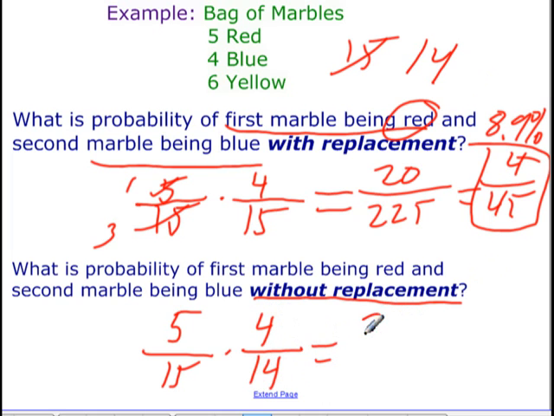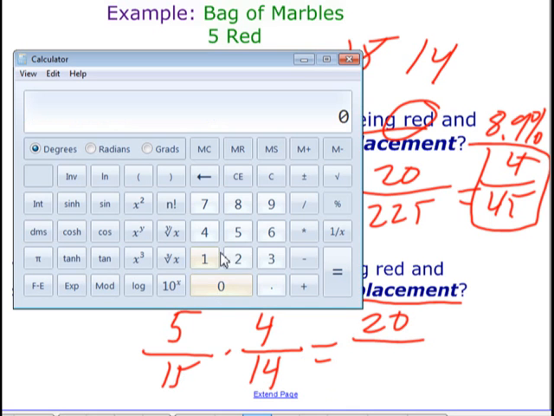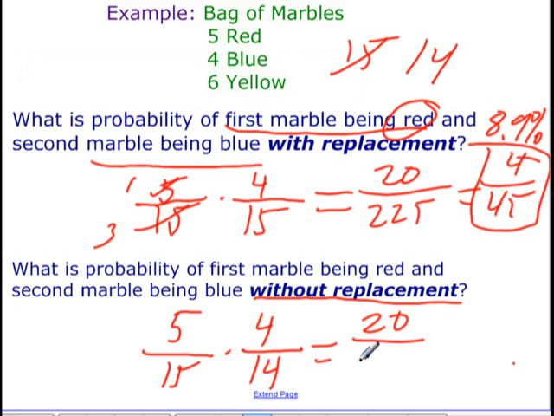And so now the probability is 20 out of whatever that is. 15 times 14, which is 210. And you see that the probability changes. It's a little more likely to happen.